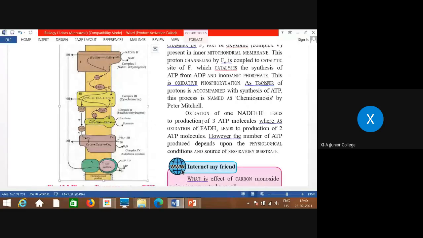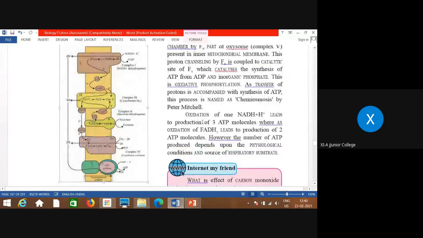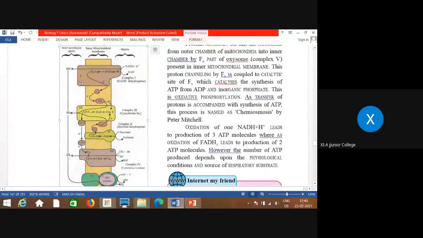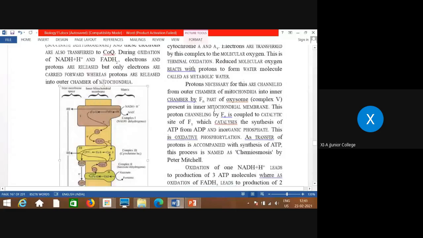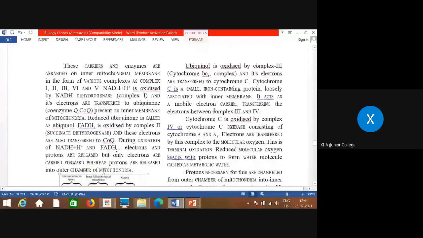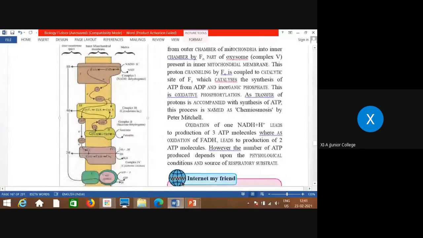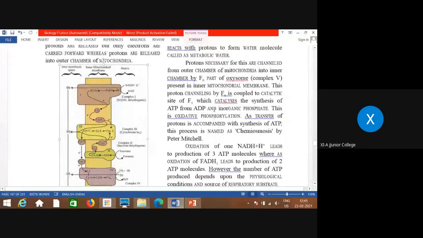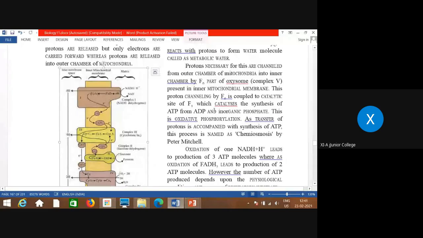Now, how this ATP is generated, how this energy is produced during the transfer of these electrons, we will see. First is the substrate level phosphorylation, that is the direct formation of ATP. Another name for this ETS is oxidative phosphorylation.